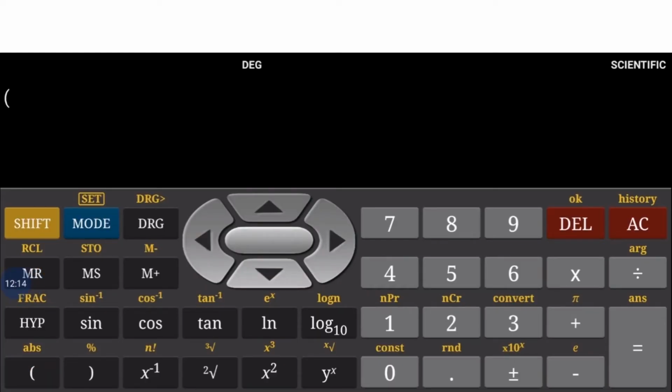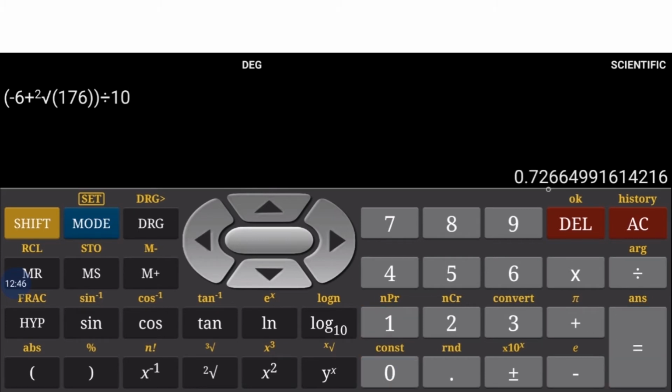Let us use brackets. So we have -6 plus the square root of 176, close your bracket. All this divided by 10.